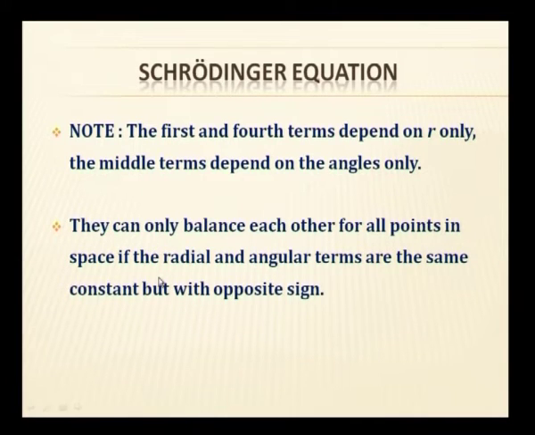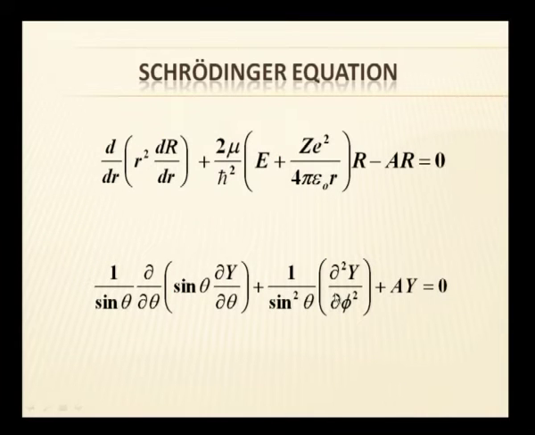That means, for all values of r, the radial and angular terms are the same constant, but with opposite sign. Hence, I can write the radial part is equal to 0. So, d by dr of r square into dR by dr plus 2 mu by h bar square into E plus z e square by 4 pi epsilon naught into r minus a r is equal to 0.